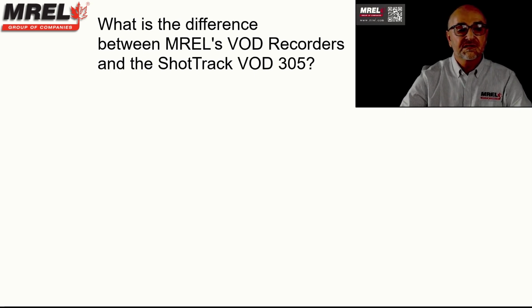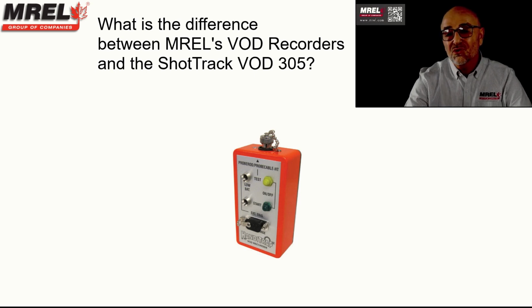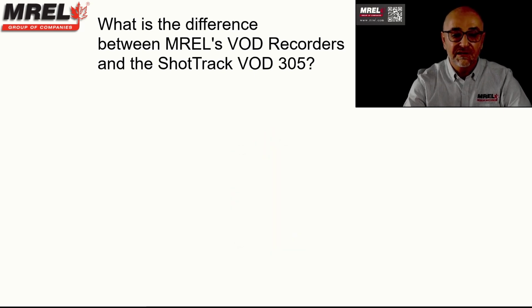As a result, even the world's most affordable continuous explosives VOD recorder, MREL's HandyTrap 2 VOD recorder, records at about 4 times the speed and data points per meter than the ShotTrack VOD 305.